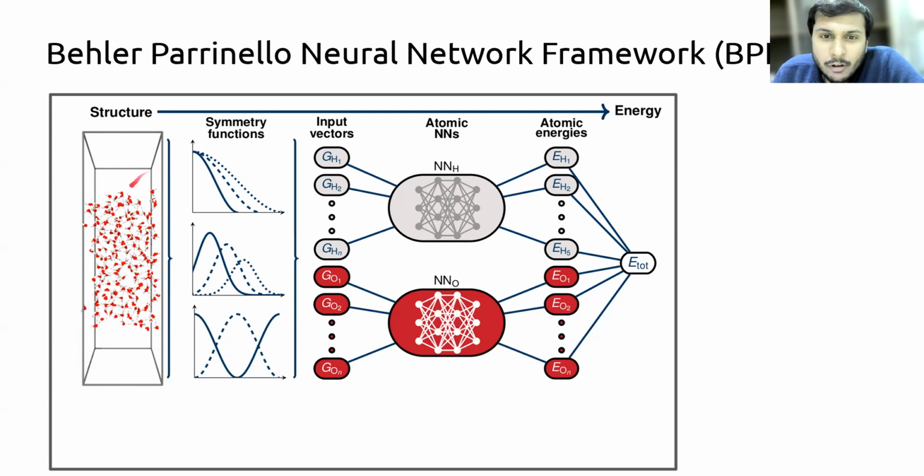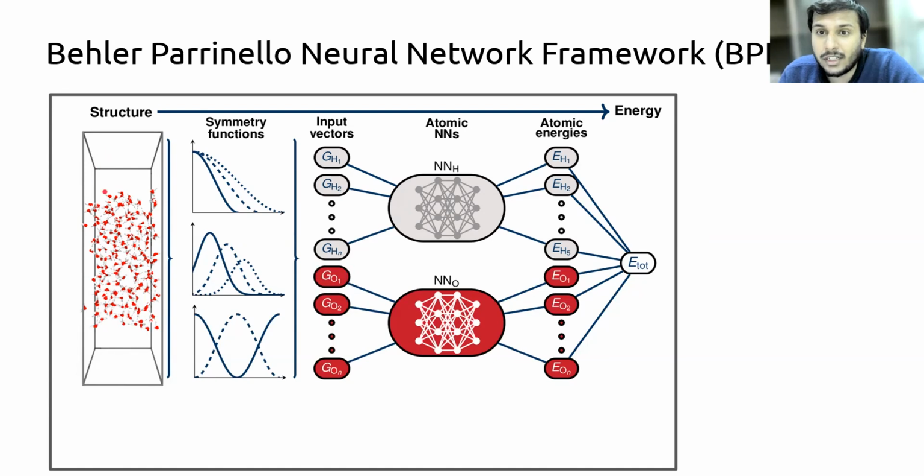For each atom, you compute all of these symmetry functions. For example, G_H1, G_H2 up to G_HN are the values of all the symmetry functions for a given hydrogen atom. And then you have G_O1, G_O2 up to G_ON, which are the symmetry functions for the oxygen atoms.